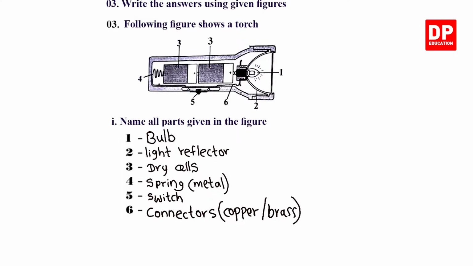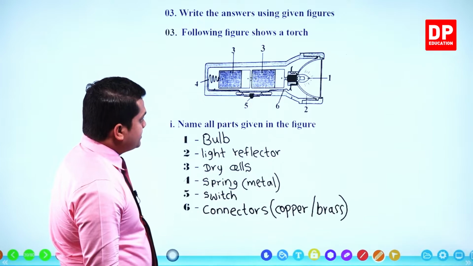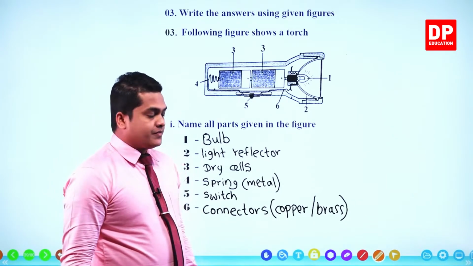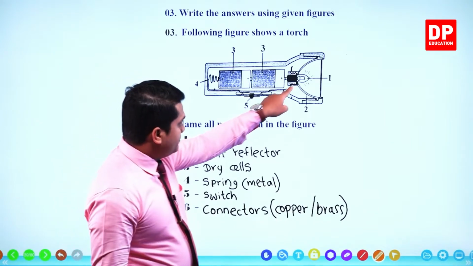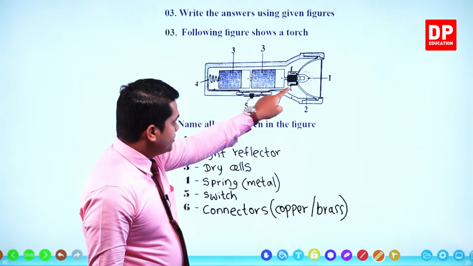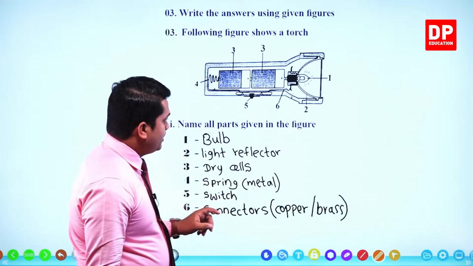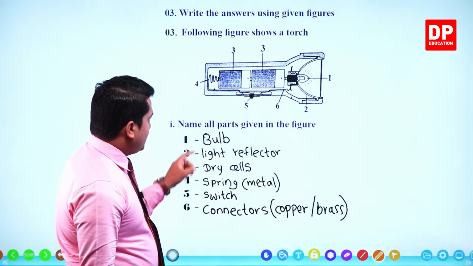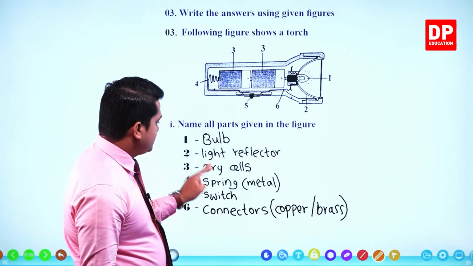Right, so these are the parts that we can identify in this simple torch. Number 1, which is over here, the bulb. Number 2, the concave one, which is the light reflector. Number 3, dry cells.